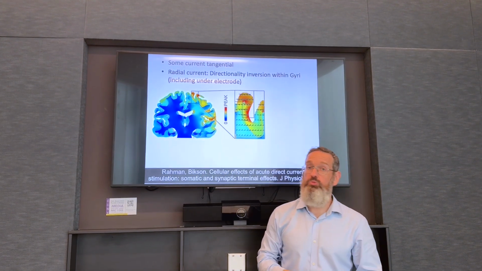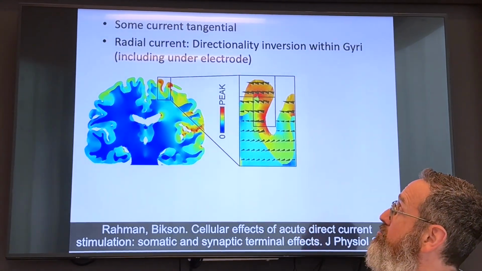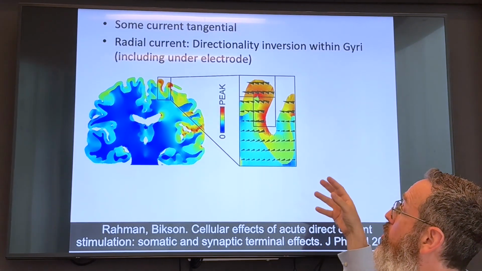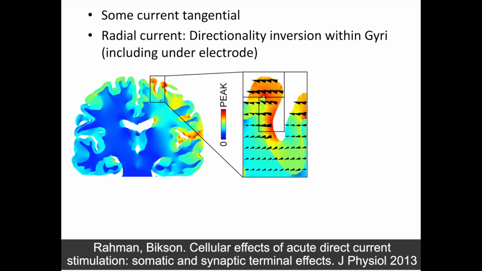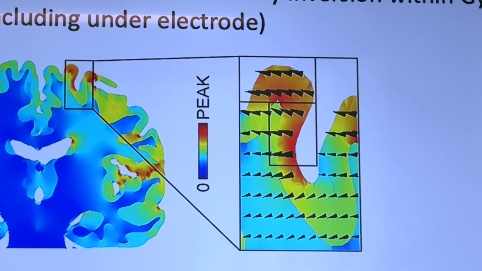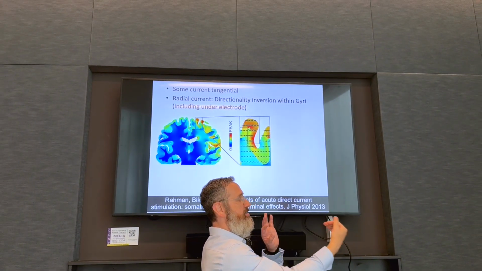This is an idea I really want to try to get across here, so I'll represent it in other ways. This is a different representation. It's another computer simulation where we're showing you where the current is flowing, and we're presenting it in terms of arrows. So look where the arrows are pointing. On this side here, the surface in this case is this way, and we have radial in going this way.